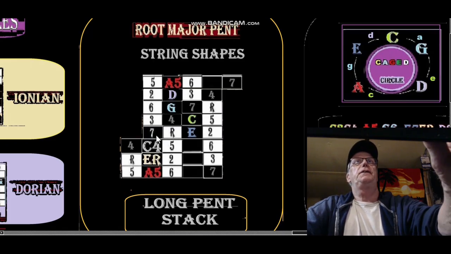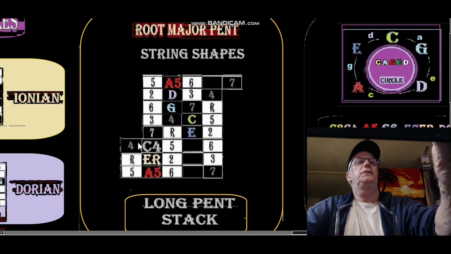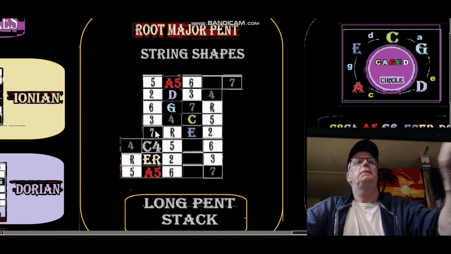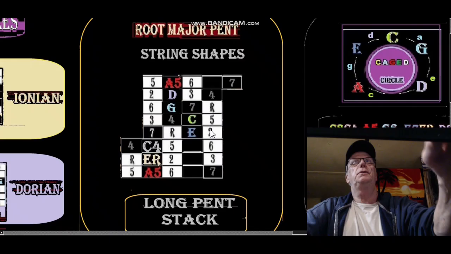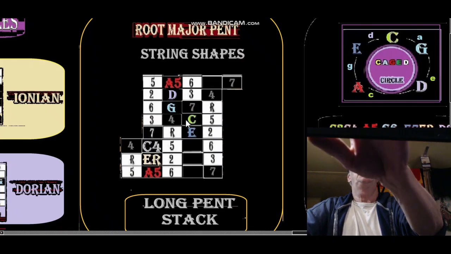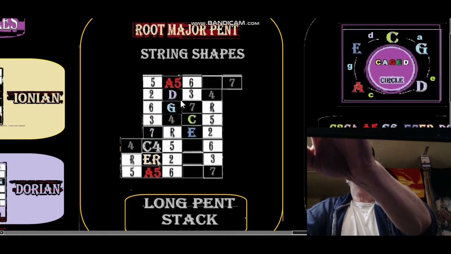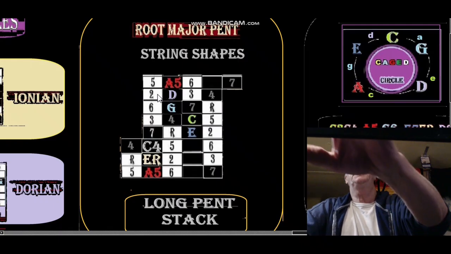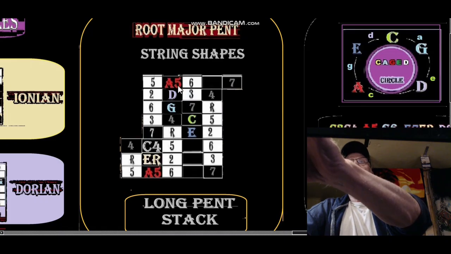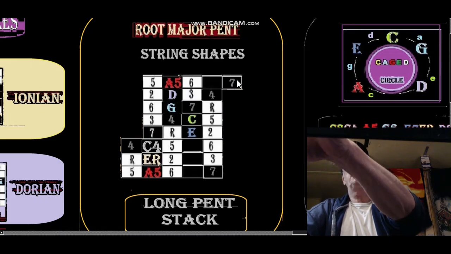And then you've got to fit the 7 to the 4 there. And we've got 7, root 2. And then 3, 4, 5. And then 6, 7, root. And then 2, 3, 4. And then we're back up at 5, 6, 7.